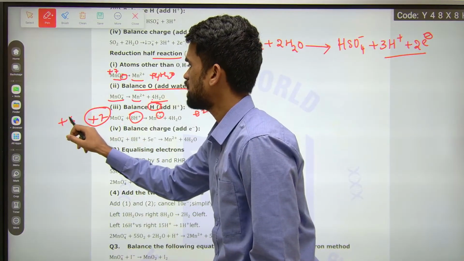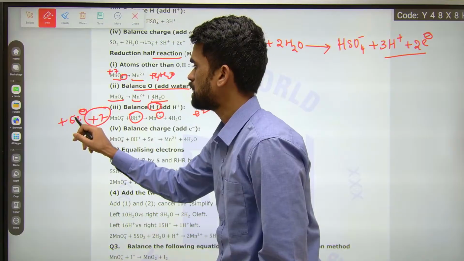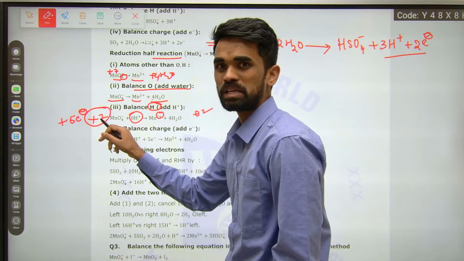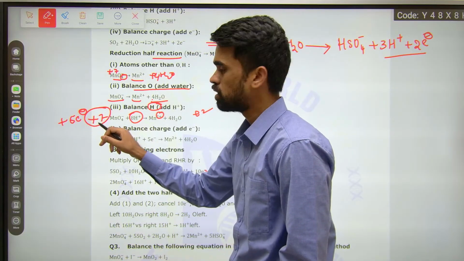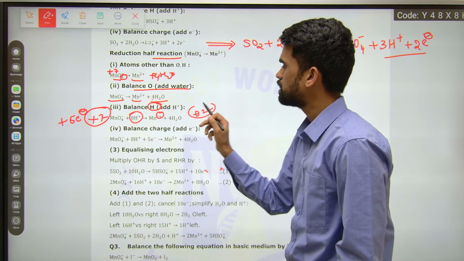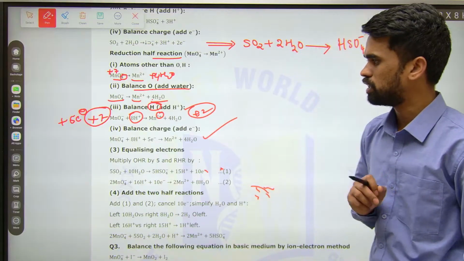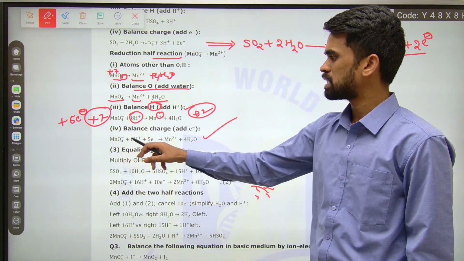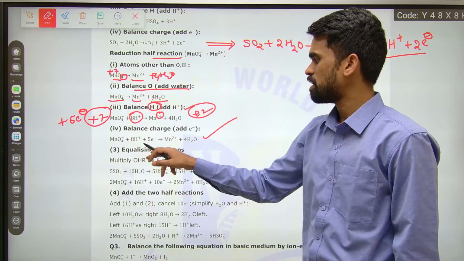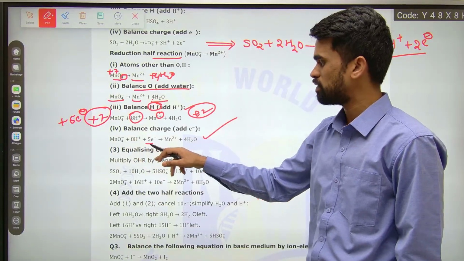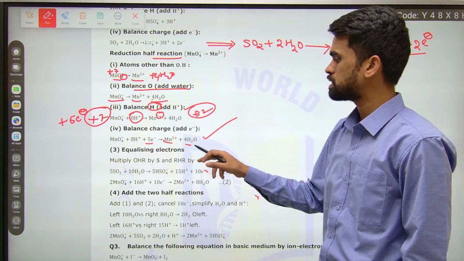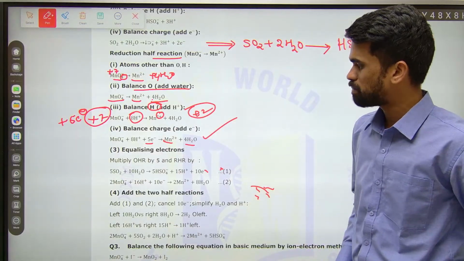So 5 electrons I am adding. So 5 minus charges, 7 plus charges, so it becomes plus 2 at the reactant side, plus 2 at the product side. That's it, so we have charge balanced up to here. So MnO4 minus plus 8 H plus plus 5 electrons giving Mn plus 2 plus 4H2O. Up to here it is balanced.